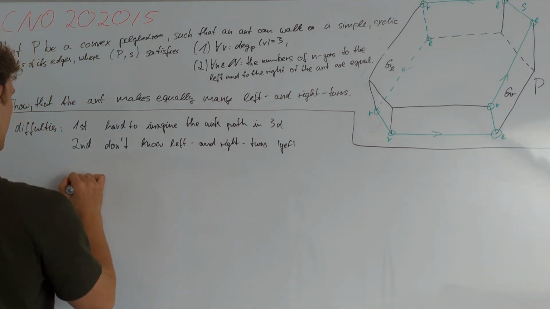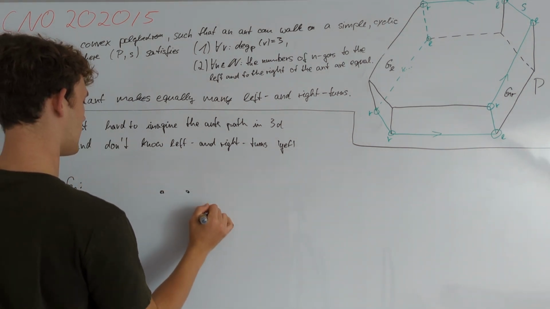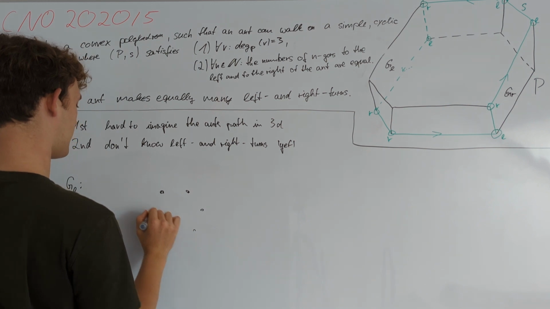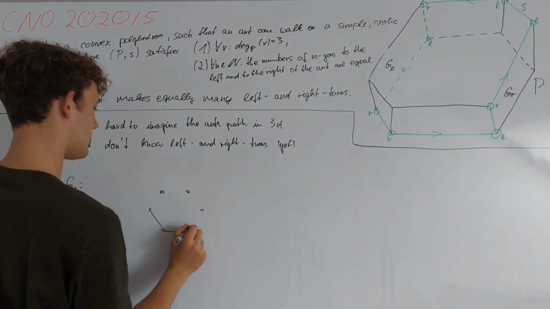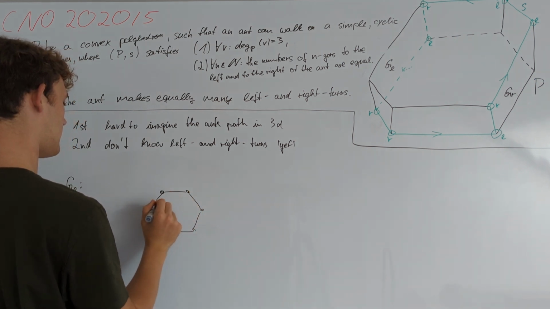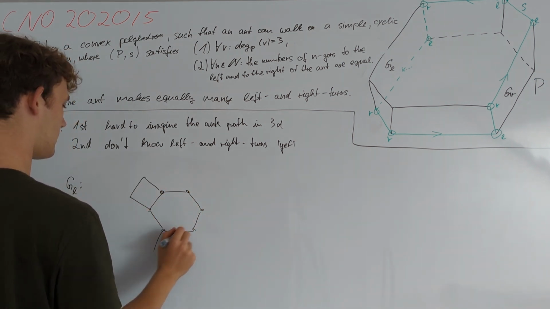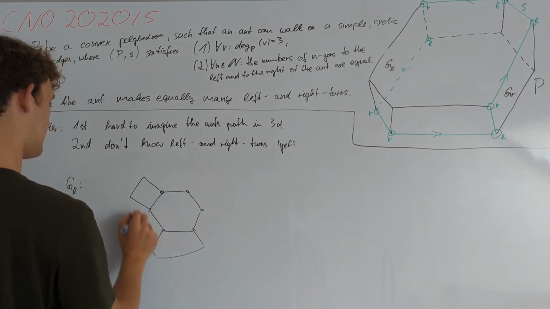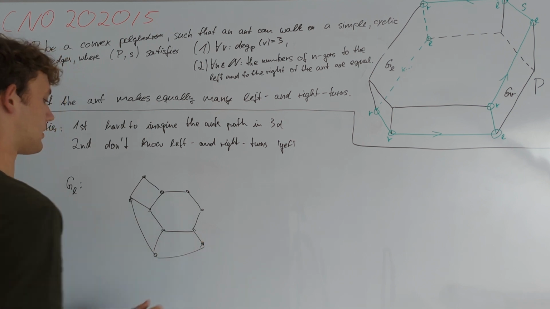Therefore, for example, GL looks something like this when embedded into the plane. So we have our hexagon from the top and four quadrilaterals adjacent to it like this.